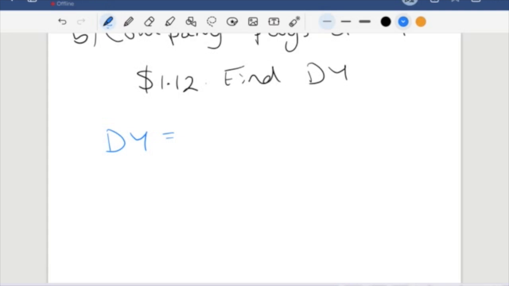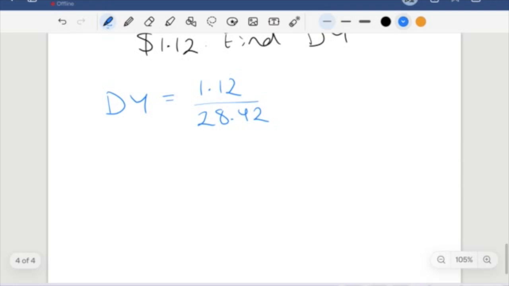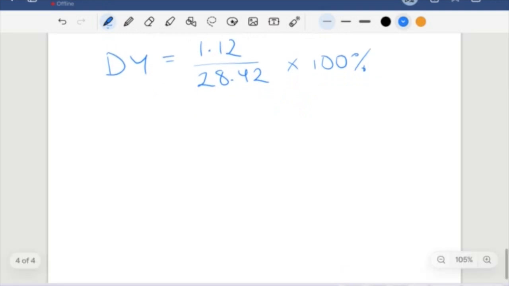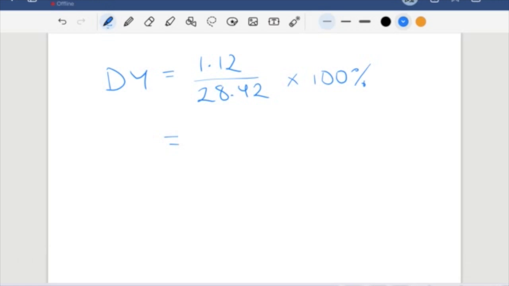So here the annual dividend, let's say the company decides they want to give $1.12, and we divide that by the share price. Once we do this, it's going to give us a decimal, but dividend yields are typically given as percentages, so we can just multiply this by 100% in order to give us a percentage. So once we do this, we're going to get 3.94%. This is our dividend yield.